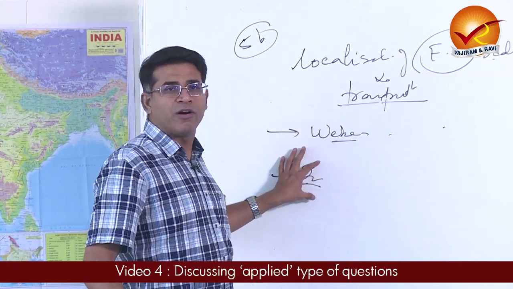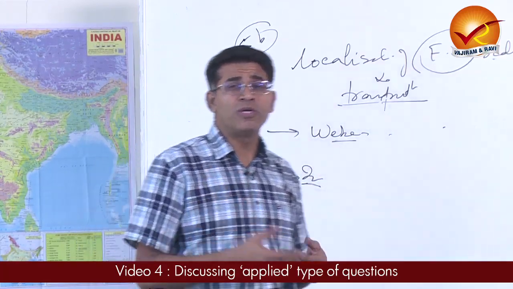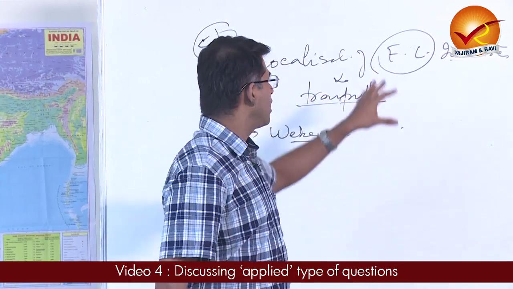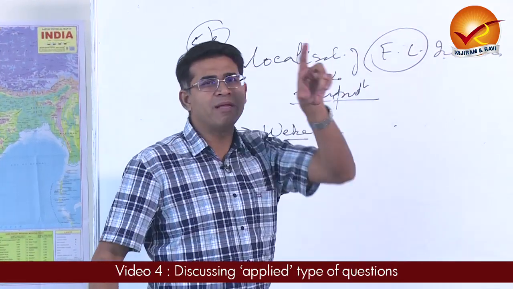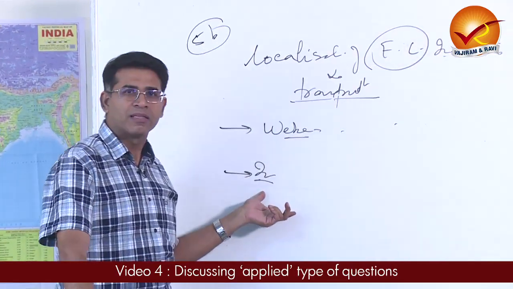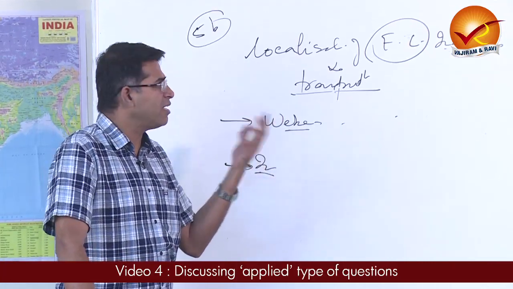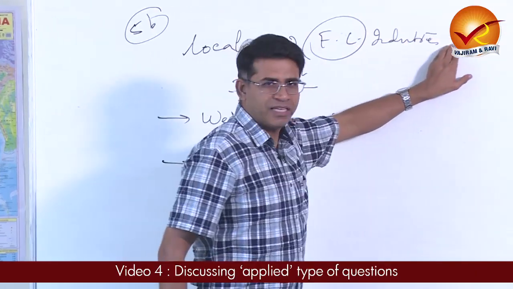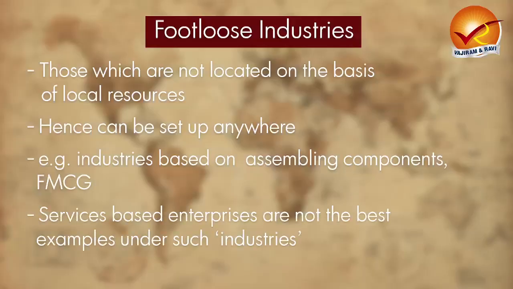Footloose would also include certain types of skill based industries where labor can quickly move and get employed. Think of the software sector, but I'll be a bit wary because when I use the word industry, I'm not talking about services. So you can mention services like software, but that is not the best one to discuss.